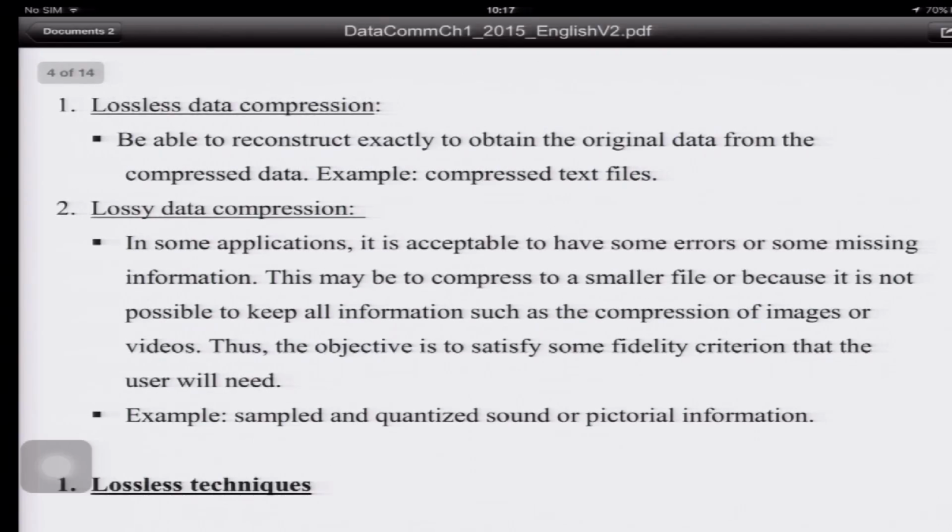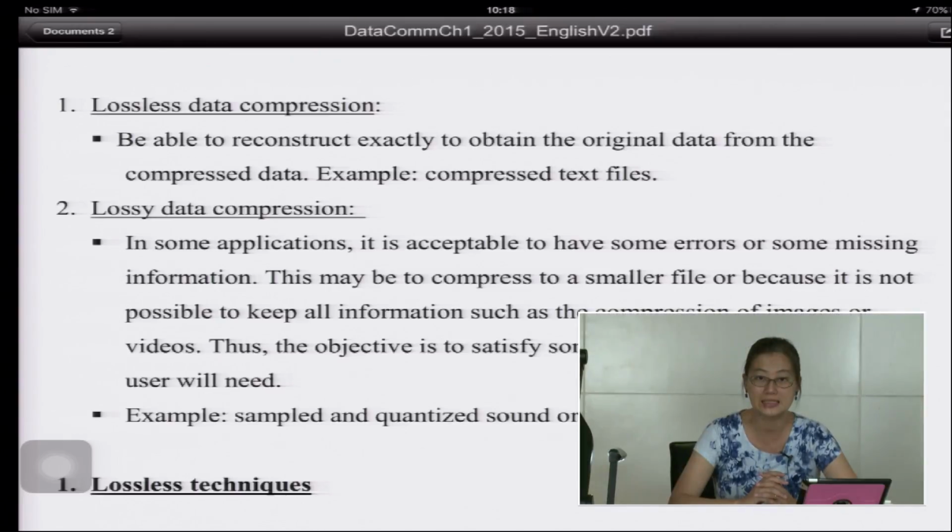There are two main categories of data compression. The first one is lossless data compression. The second one is lossy data compression. Lossless data compression is to be able to reconstruct exactly. So if you have original data of 1,000 bits and you compress it to 500 bits, you have to be able to reconstruct the original 1,000 bits back exactly from the compressed data.